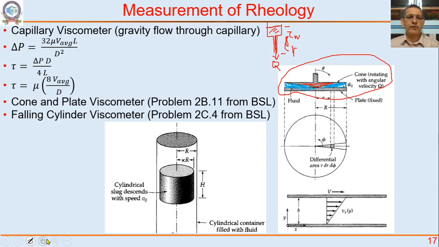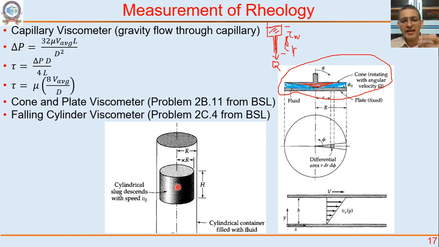Or you could have a falling cylinder viscometer. Falling cylinder means you take this tube, fill it with a liquid whose viscosity you want to measure, take this solid cylinder and allow that solid cylinder to drop inside this liquid. The solid cylinder will settle. Gravity force minus buoyancy force equals drag force.